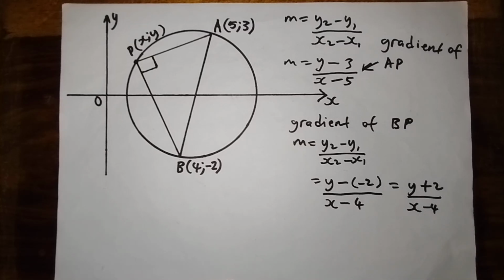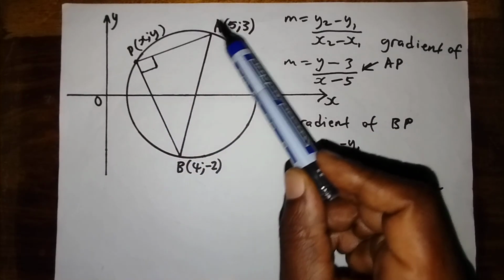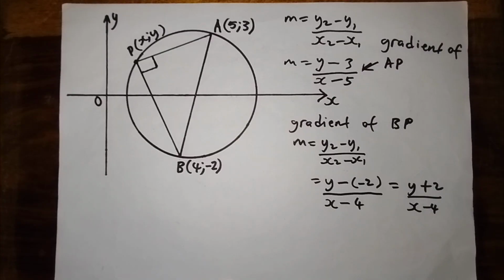Now I have the two gradients of the perpendicular lines, and remember, there's a property which says that the product of the gradients of perpendicular lines equals minus 1. So we are going to use that property to find the relationship between x and y.